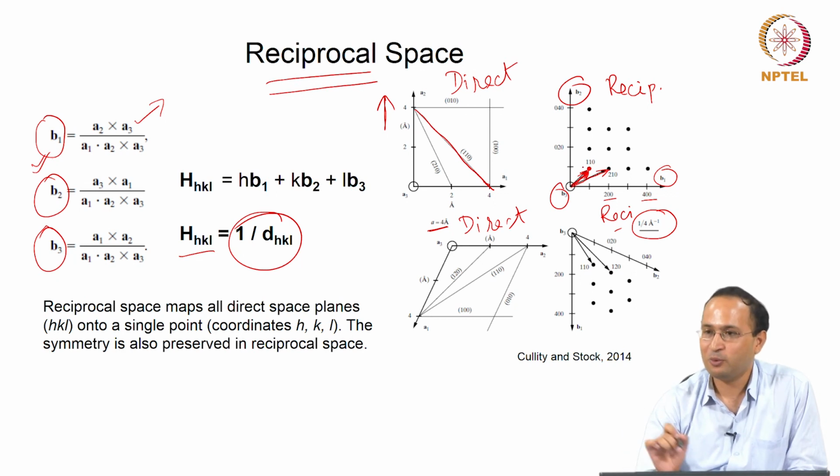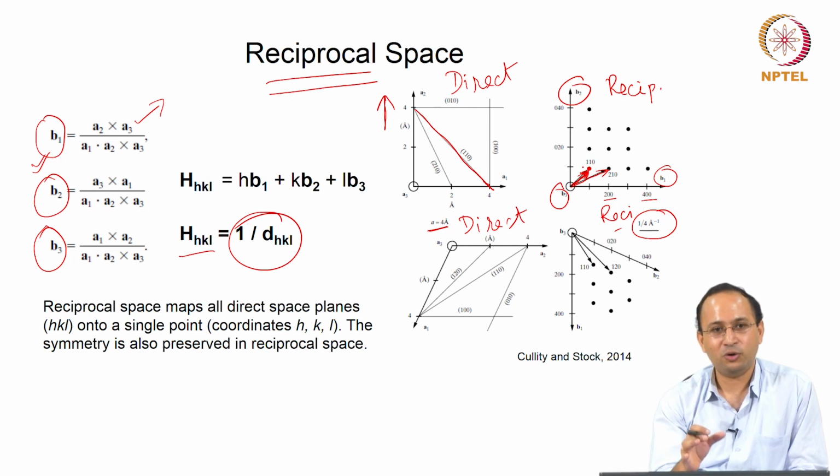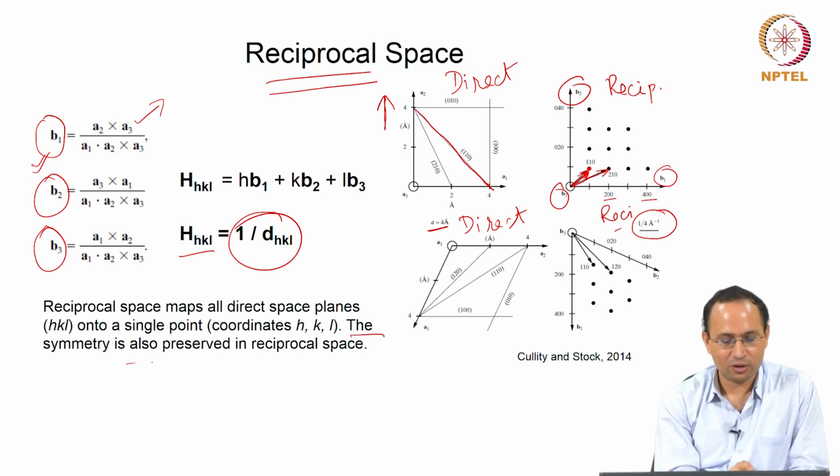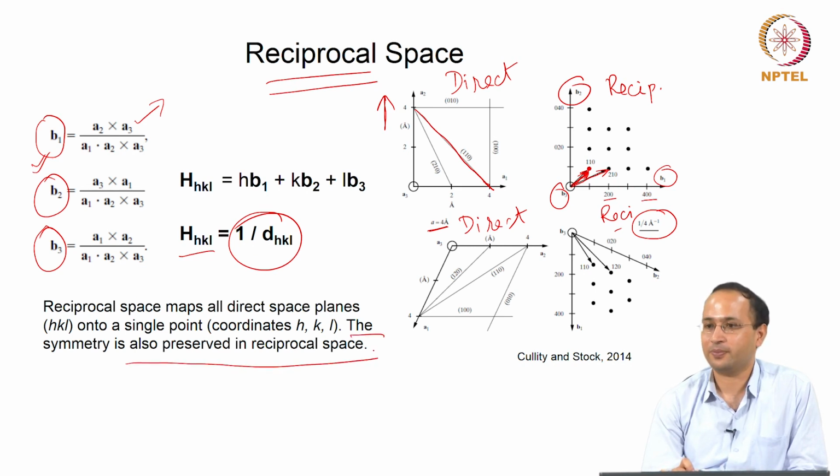This point 110 tells you all about the 110 planes. There is also a periodicity, which we will come back to later, but I just wanted to introduce this concept. Why do we do this? Because it is sometimes easier to visualize things, and it also simplifies. Reciprocal space maps all direct space planes onto a single point, that is the beauty, and the symmetry is also preserved in reciprocal space.